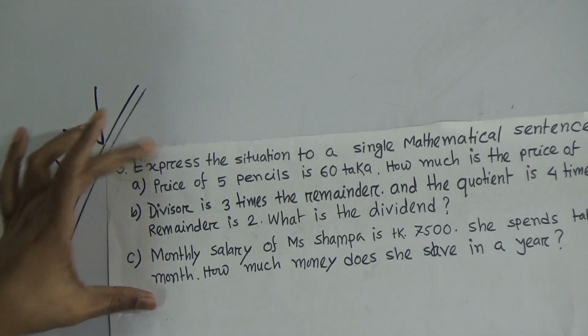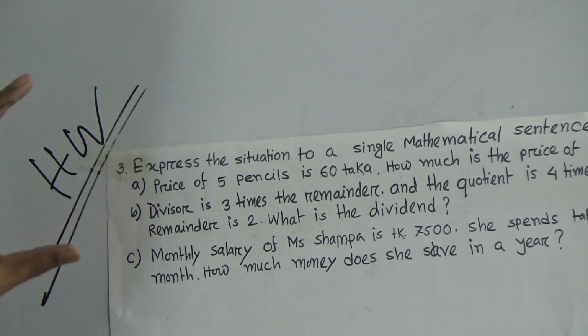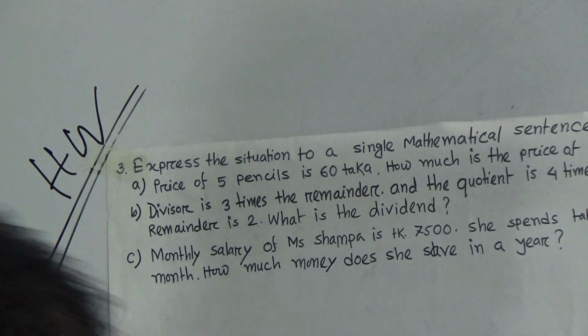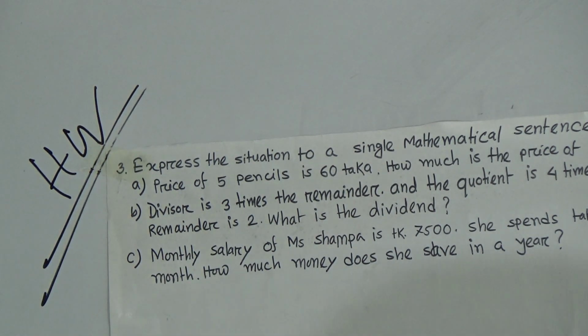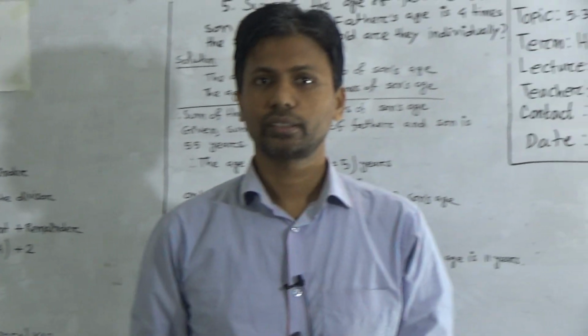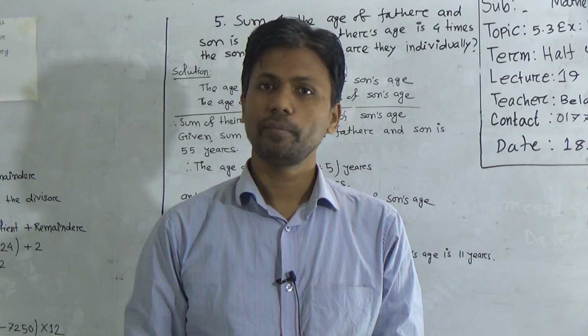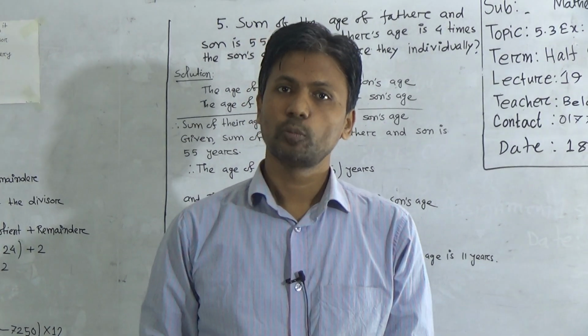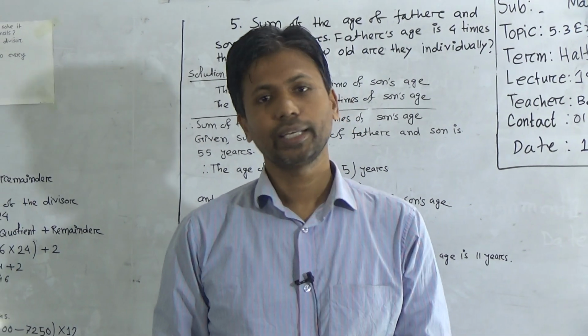This question is your HW. Okay, student. This question is your HW. Okay. Yes, student. You submit your HW copy on every Saturday within 9 a.m. to 3 p.m. and you get this HW copy back next Saturday.